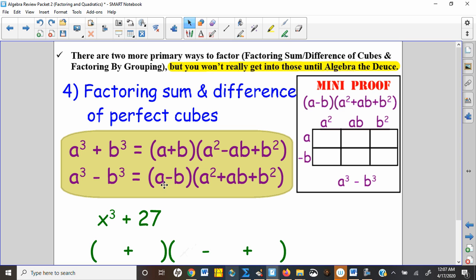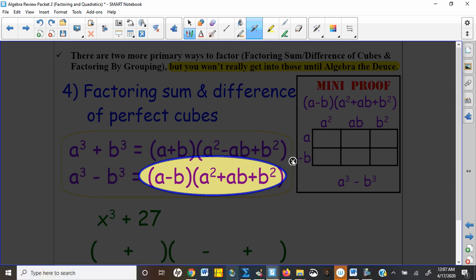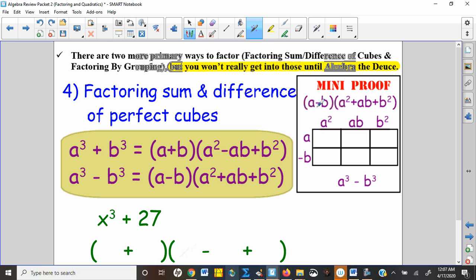Like I did the cube pattern, so that's difference of cubes right here, right? Will I really get a cubed minus b cubed? And the answer is yes, because a times a squared is a cubed. A times ab is a squared b.